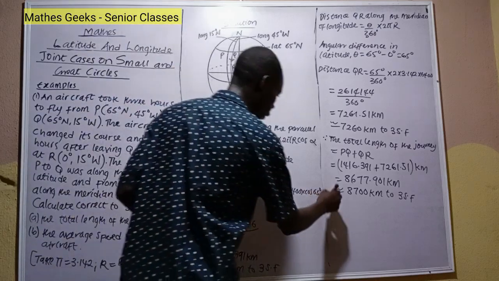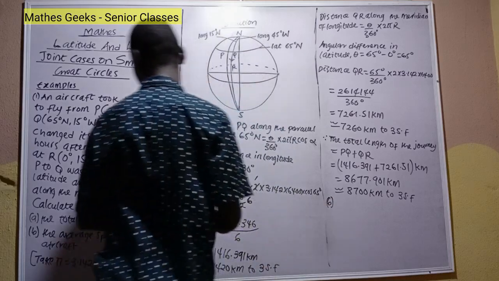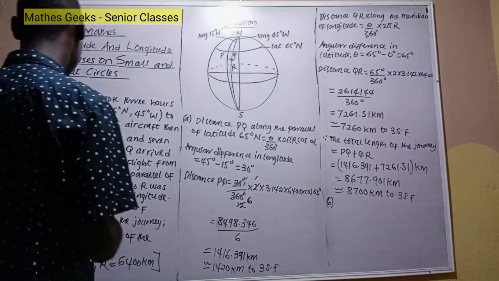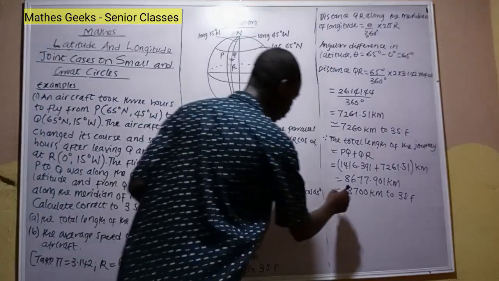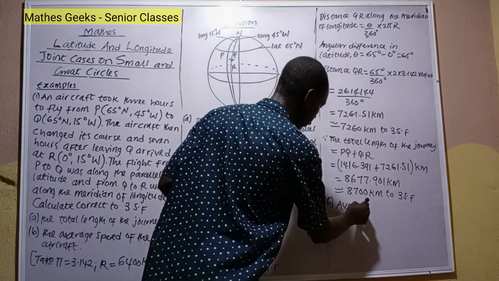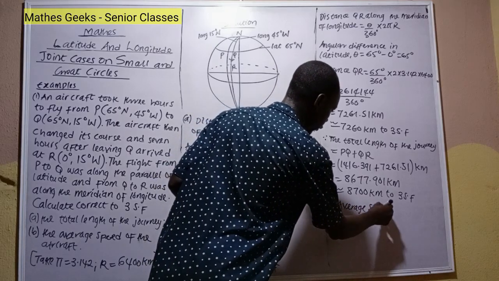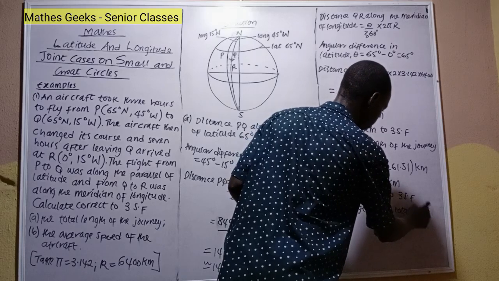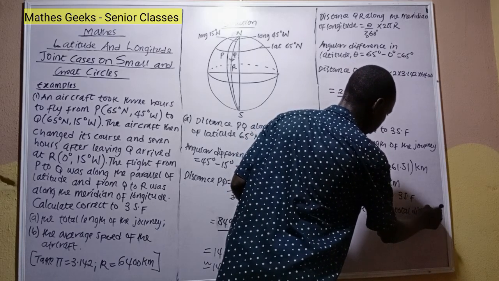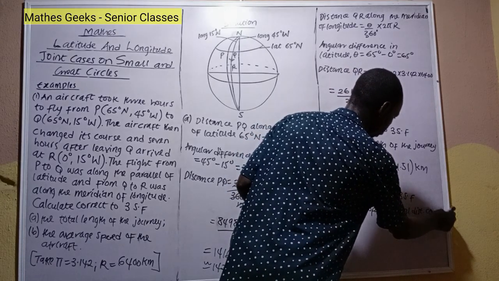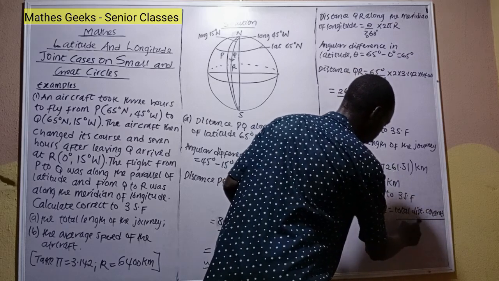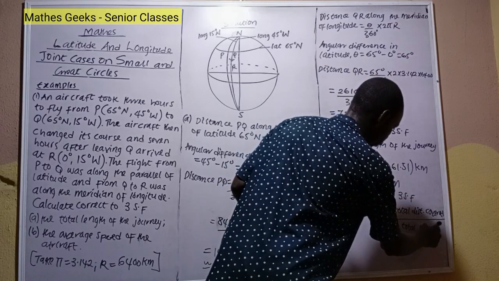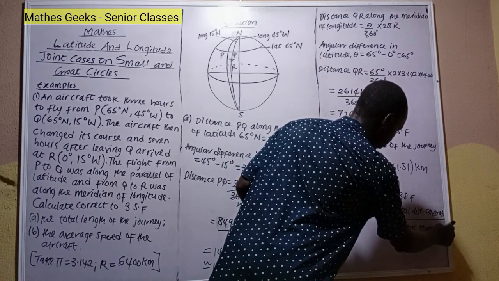So part B says the average speed of the aircraft. The average speed is equal to total distance covered over total time taken.